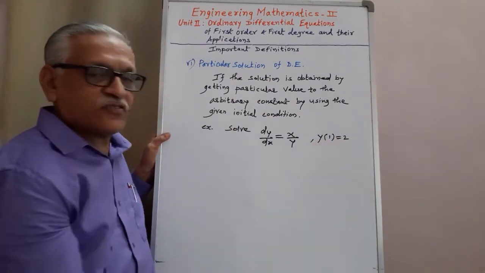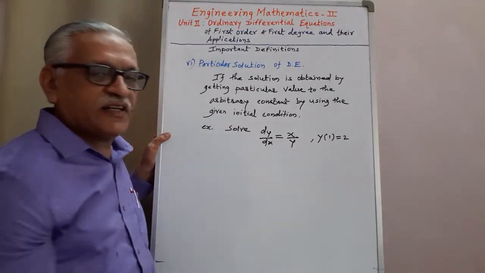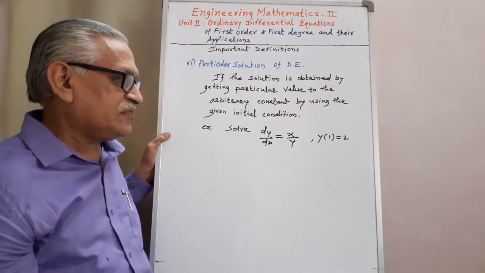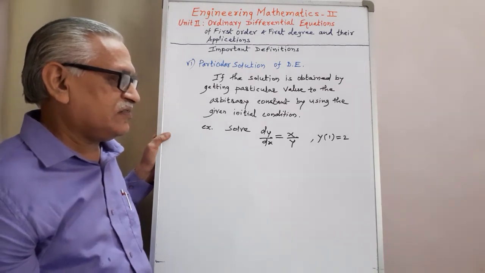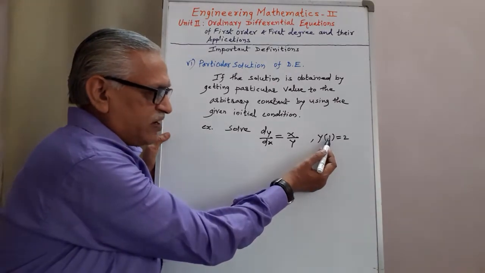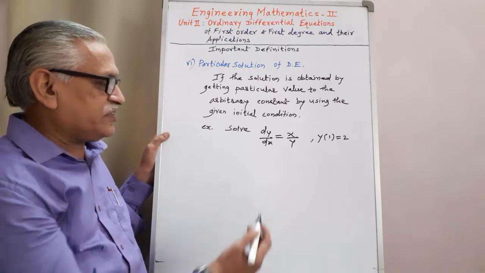This type of condition is called an initial condition. Initial condition means the condition is defined for a single value only. Here, when x is 1, the corresponding value of y is 2. That's why it is called an initial condition.